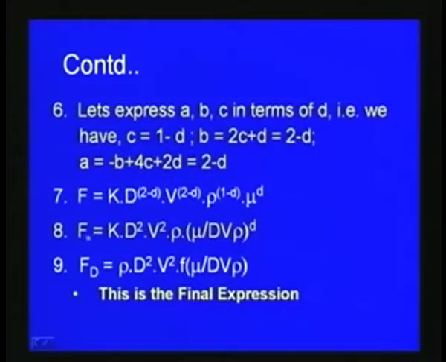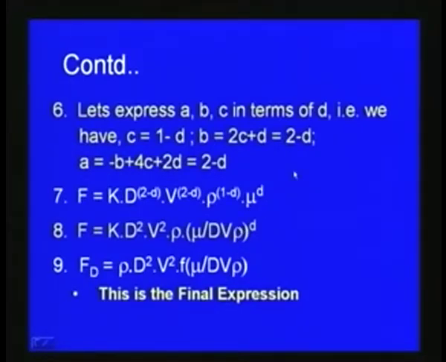We write F is equal to K D square V square rho into mu by rho V D to the power D. So, this equation is represented in this form, to finally get the drag force F d is equal to rho D square V square as a function of mu divided by rho V D. So, this is the final expression.